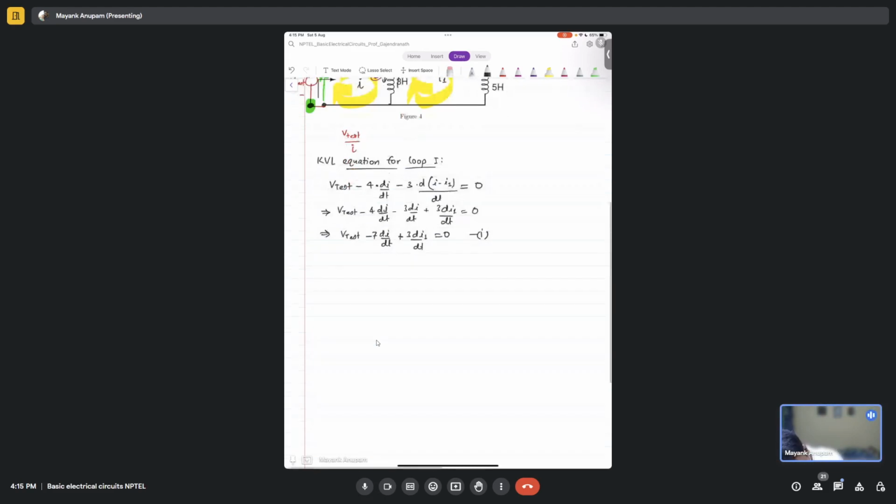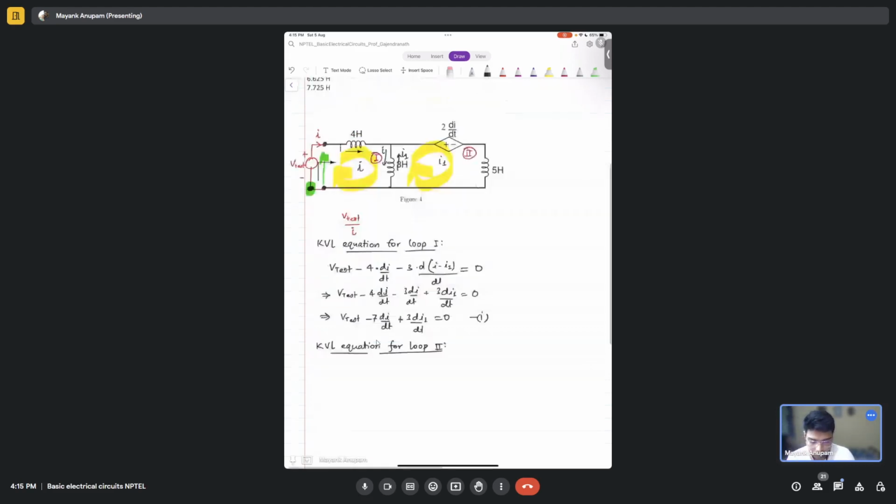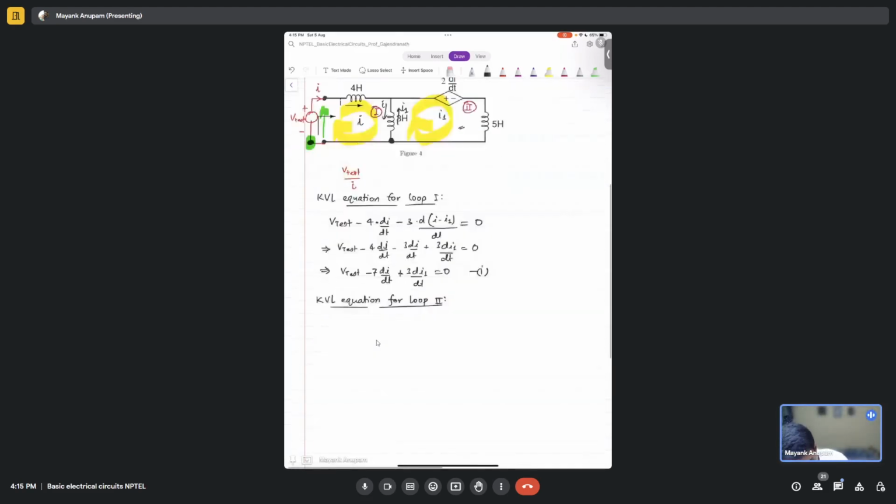Now similarly, let us write KVL equations for loop 2. So this is the loop. Again, let us start here.